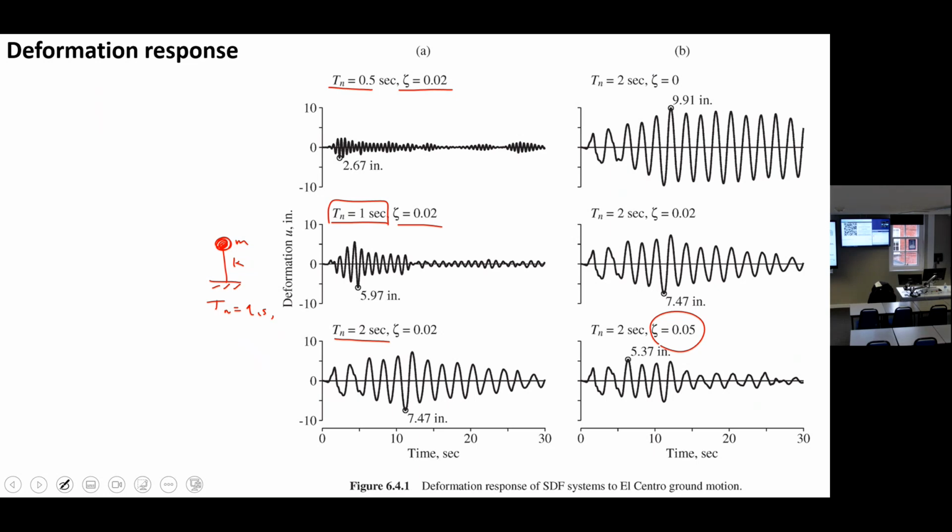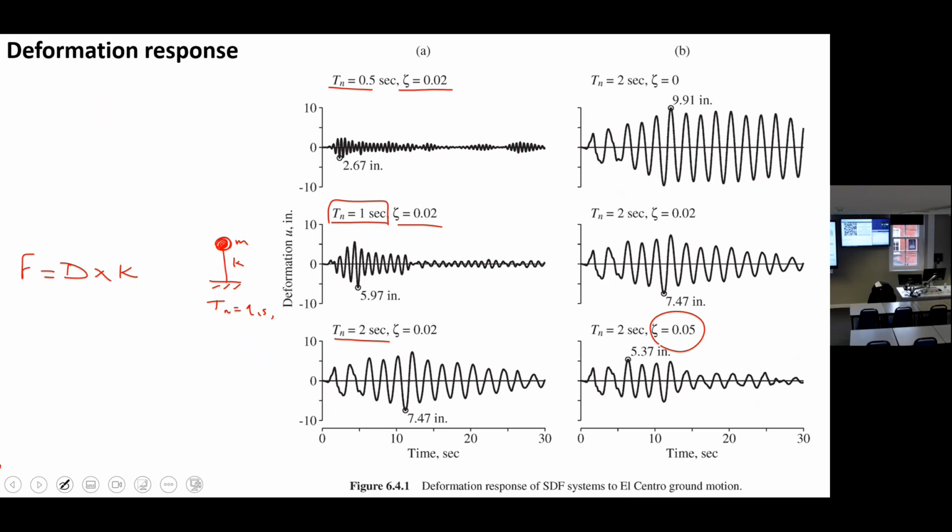Because this is a response, this is a deformation. For this single degree of freedom system, if you multiply this deformation by stiffness, what will you get? Force, right? I can just multiply all of this data by a constant k, and I can show you force versus time, right?